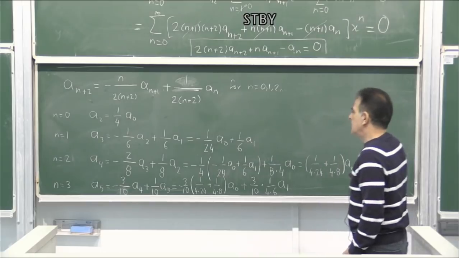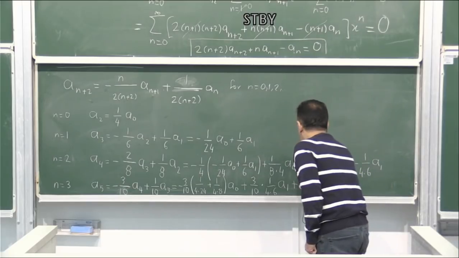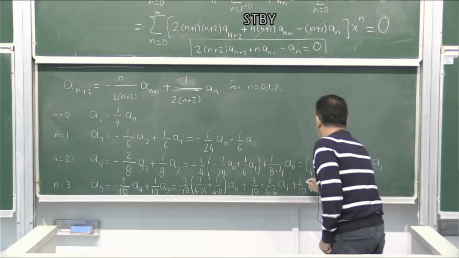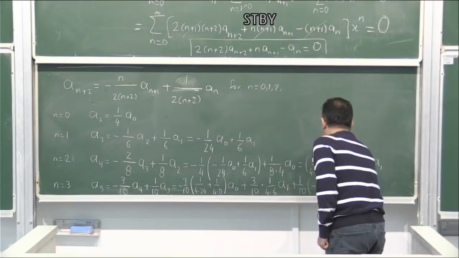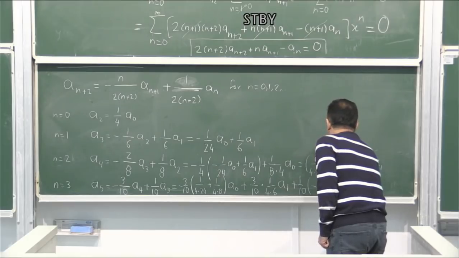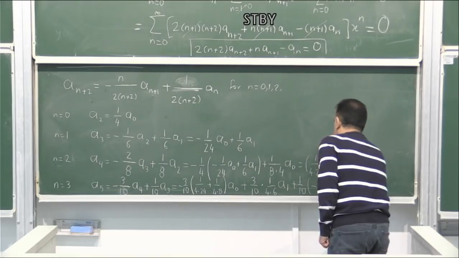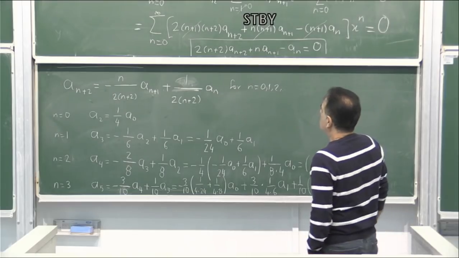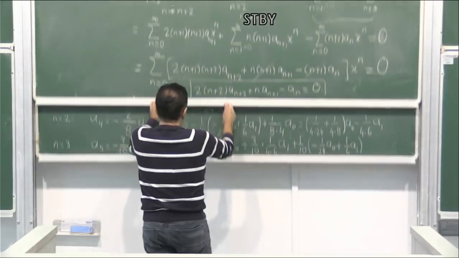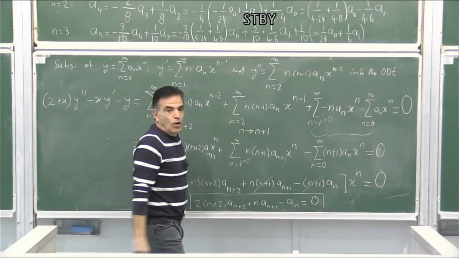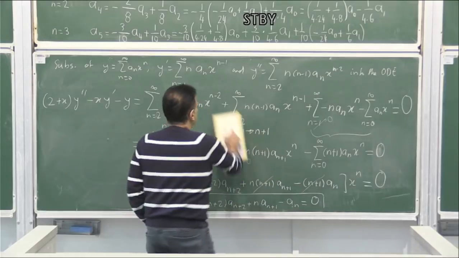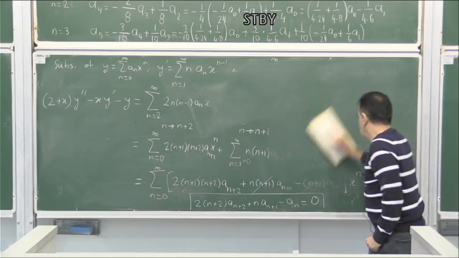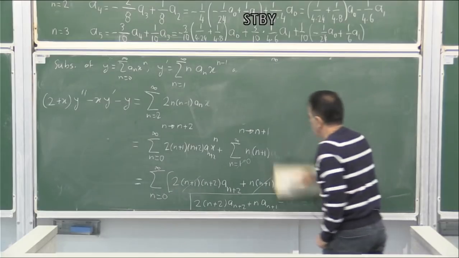Good. What else? 1 over 10 times A3, and A3 is minus 1 over 24 A0 plus 1 over 6 A1. Good. Now, there is no obvious formula to express the general term an or a2k or a2k plus 1.